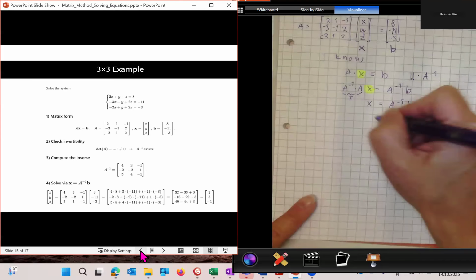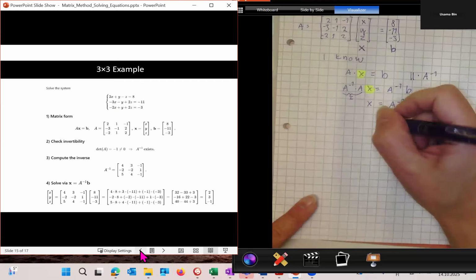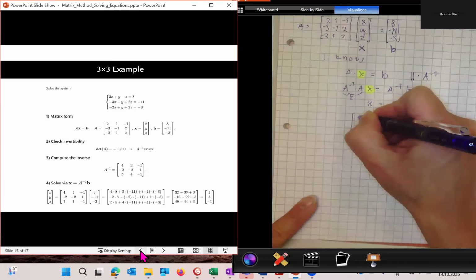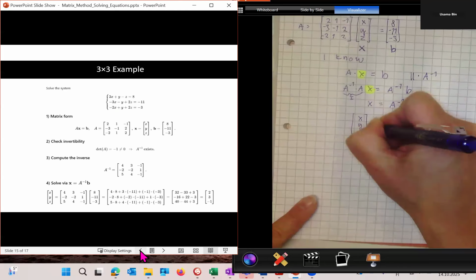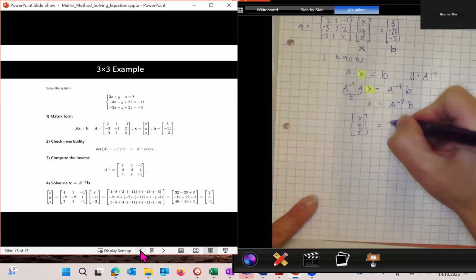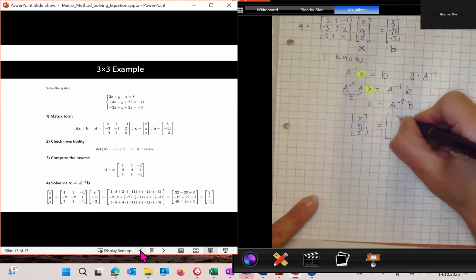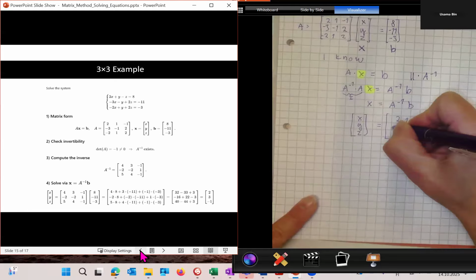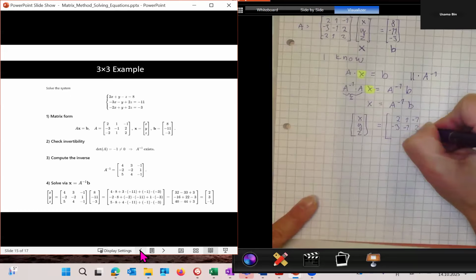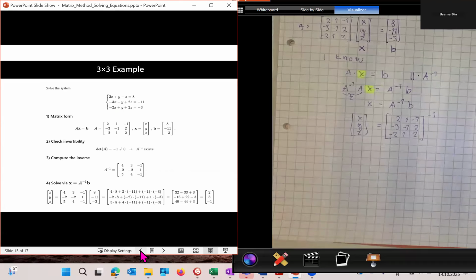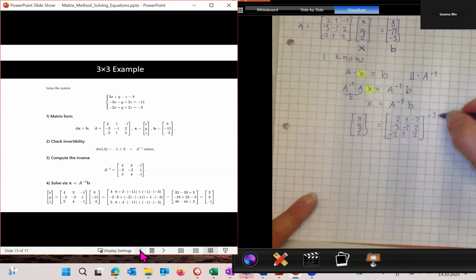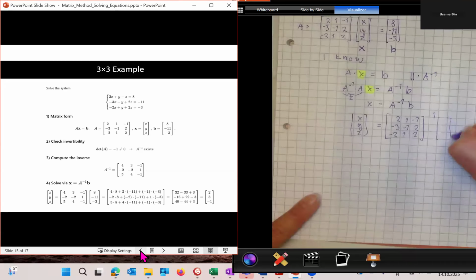So I have here the matrix X, which means X, Y, Z is, and then here I have, well, I just write it like this: 2, 1, -1, -3, -1, 2, and -2, 1, 2. And I have to take the inverse matrix. I still didn't. And here I have those answers, that would be 8, -11, and -3.